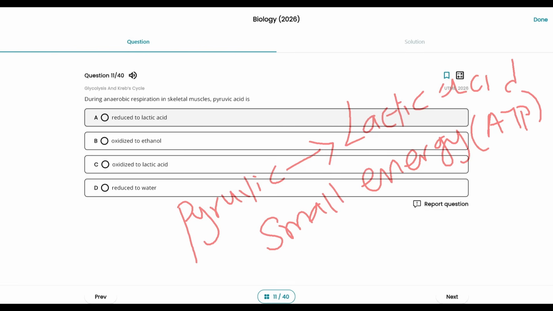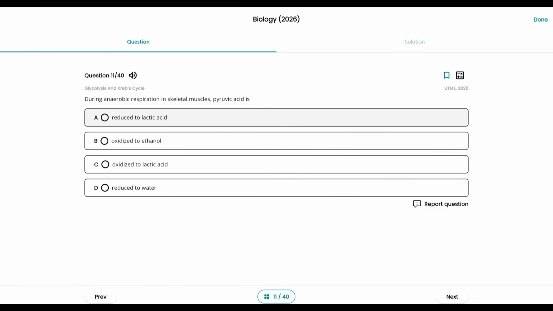So looking at this option, during anaerobic respiration in skeletal muscles, pyruvic acid is reduced to lactic acid. So the correct option here is option A. Option A is very correct.